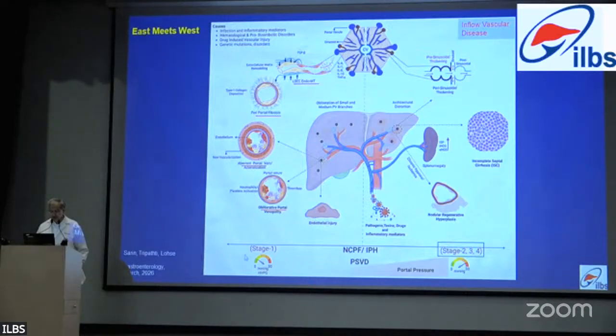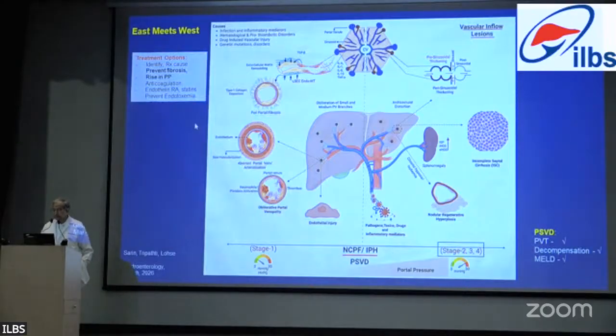So there is no portal hypertension. As the time or the disease progresses, you have stage 2, 3 and 4 where portal pressure here increases but not on the outflow sides. So these are vascular diseases and we thought we can put them onto same platform of NCPF and PSVD.